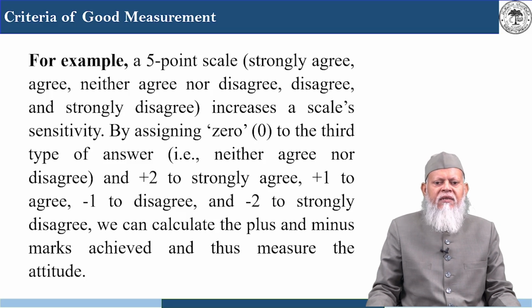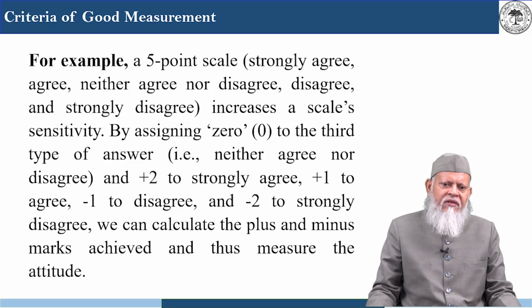Suppose we increase it further to a 7-point scale. In a 7-point scale, we can say very strongly agree, strongly agree, agree, indifferent, that is neither agree nor disagree, disagree, strongly disagree, very strongly disagree.